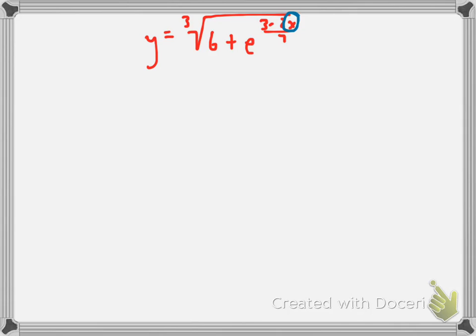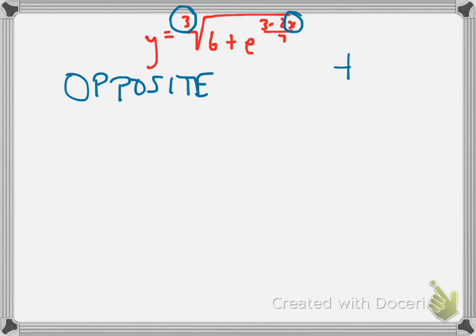And the first thing that we're going to need to do is take care of this cube root here. And in your notes I said that in order to get this x here, everything else has to be gotten rid of. And we do that by doing the opposite of the function that we need to get rid of first. So the opposite of addition is subtraction.